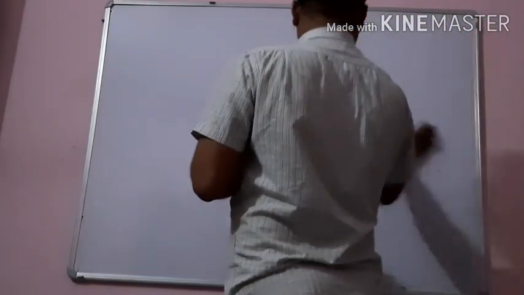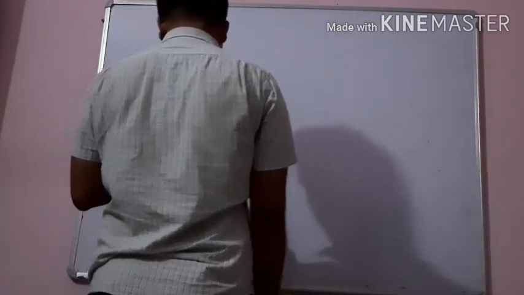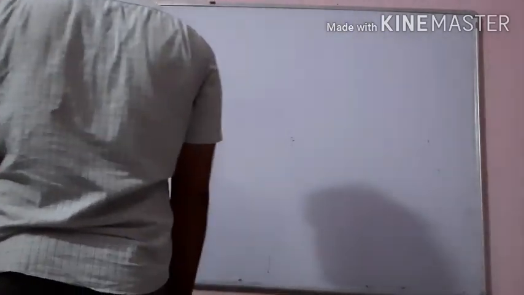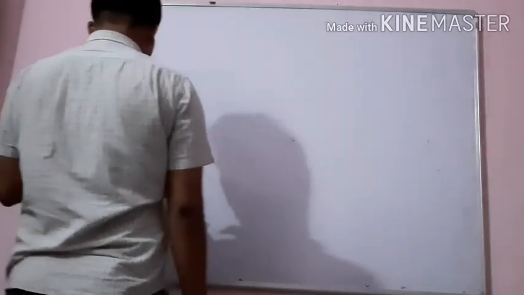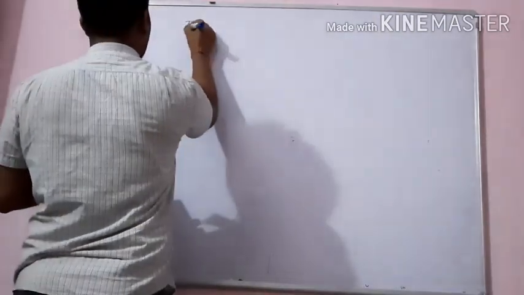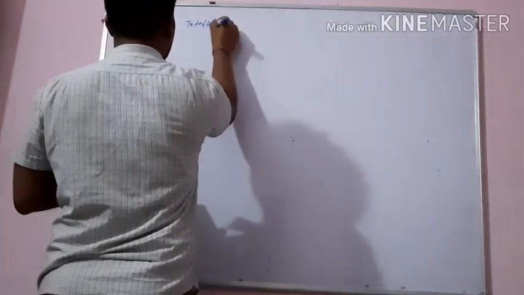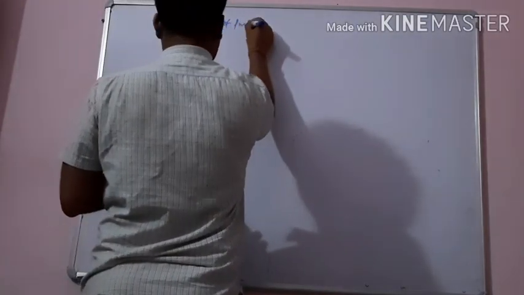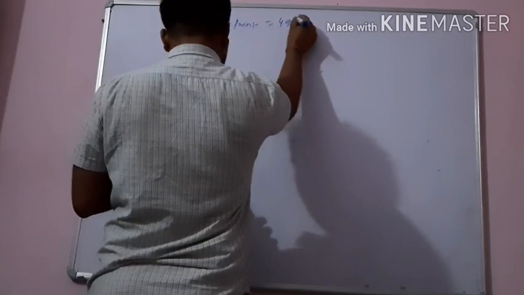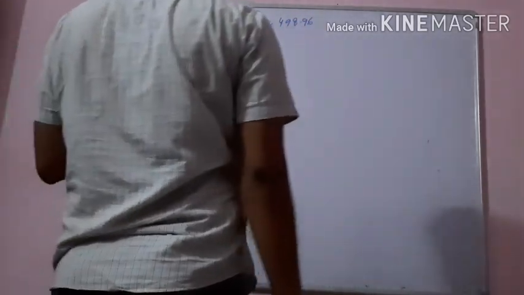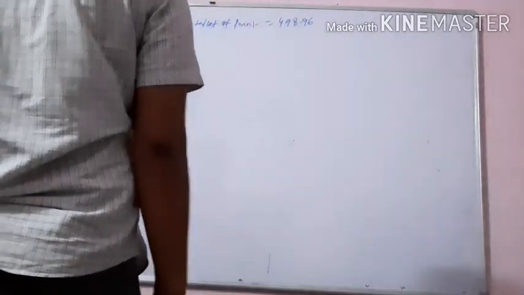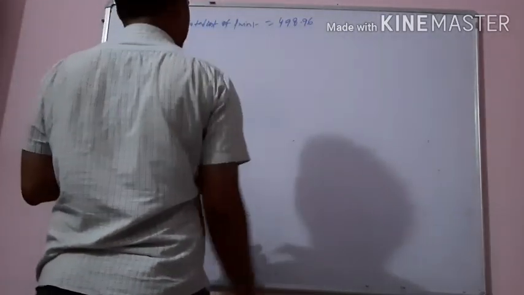The dome of a building is in the shape of a hemisphere. From inside it is whitewashed at the cost of 498.96 rupees, at the rate of 2 rupees per meter square.